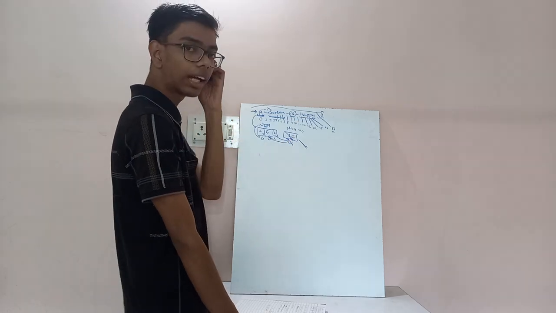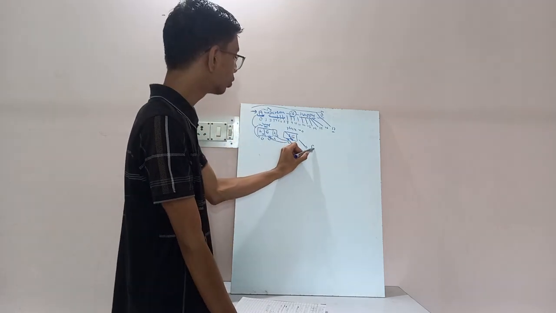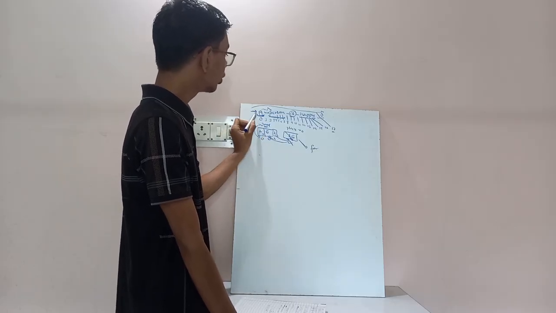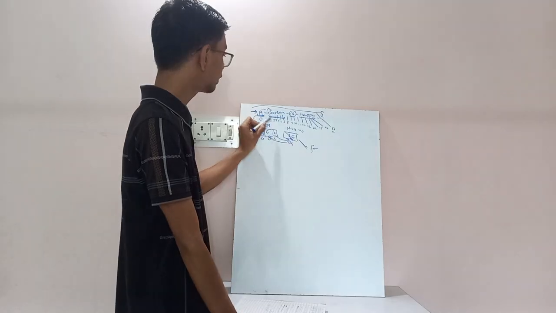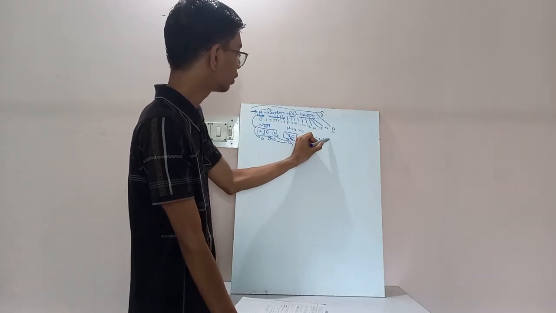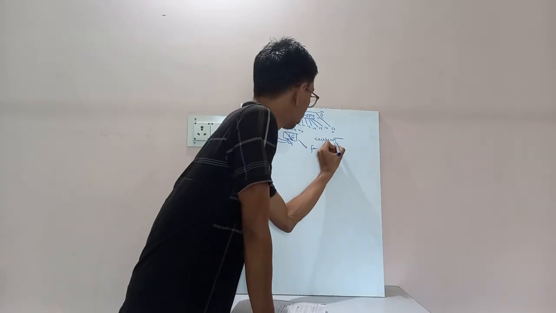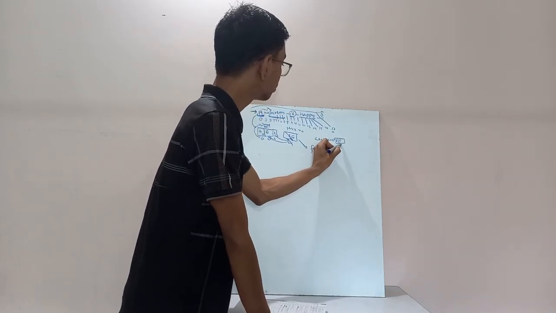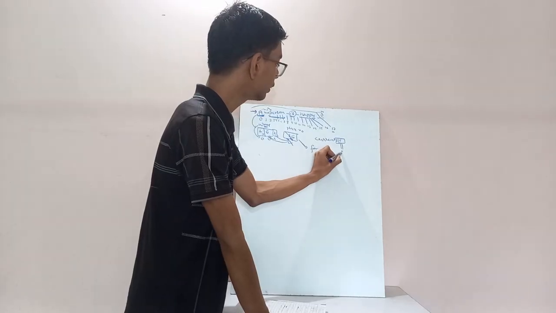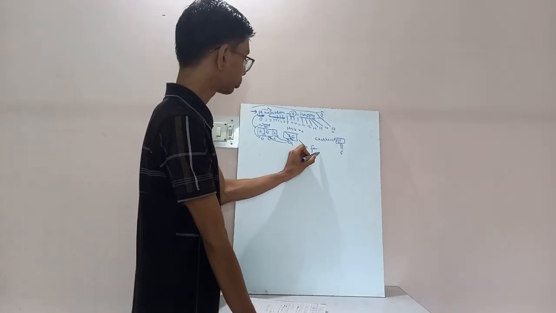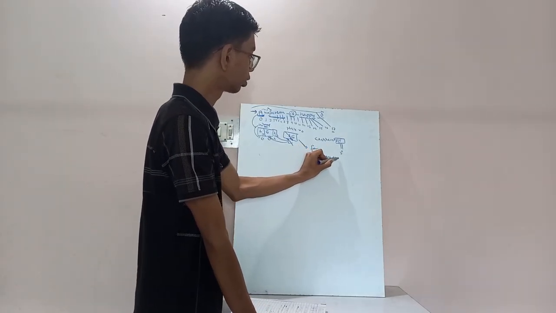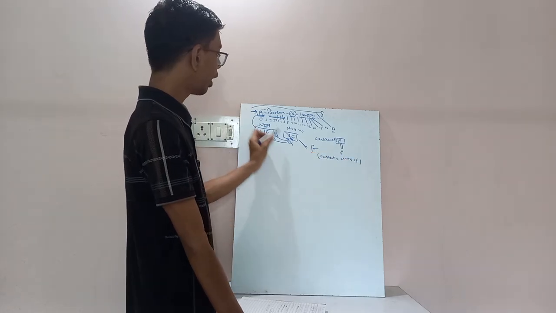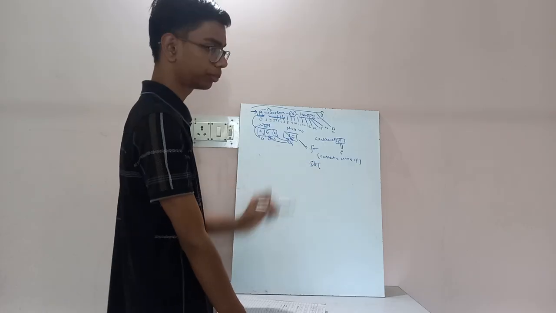Once I get my greatest word length, with the help of that length, I will again go from 0 to the last element and in a for loop, one by one I will store my words in another variable called current. Once I match with my longest length, I will go inside my string.